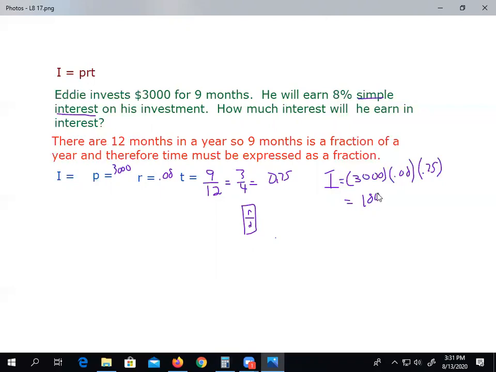Now keep in mind, not much time has gone by, so you shouldn't be making a whole lot of money. So that number cannot be very high to begin with, just using your own common sense. So you're not going to make $3,000 in 9 months off of $3,000. It's only 8%. 8% is not very much. So you should be looking for a small number as well, and that seems reasonable. So he's going to make $180 off of this investment.